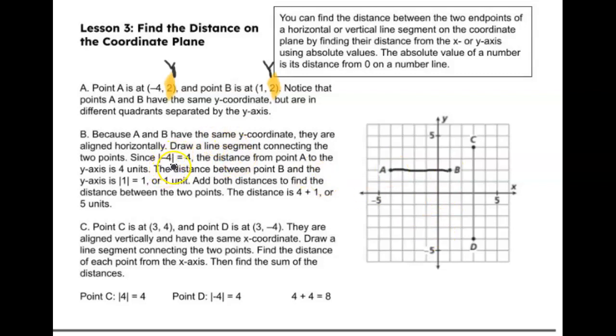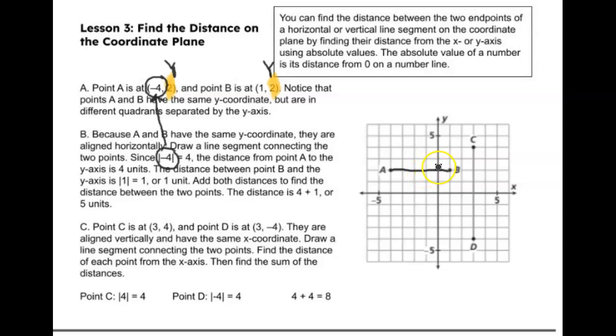Since the absolute value of -4 is 4, and they got this from this right here. And they say up here, remember it told us to be able to find it, we have to find the absolute value. So the absolute value of -4 is 4. The distance from point A to the y-axis, so from here to here, is 4.